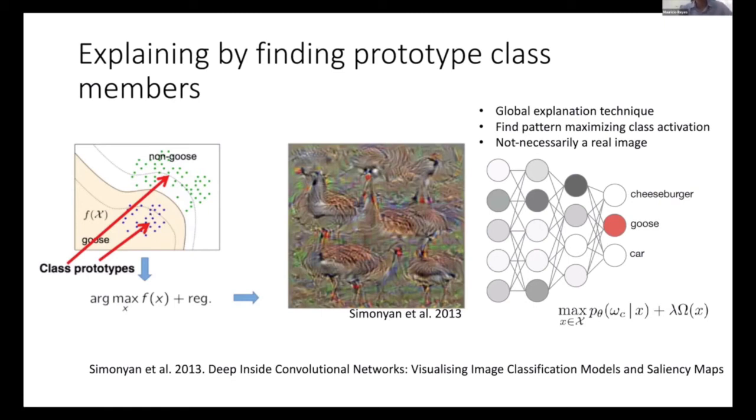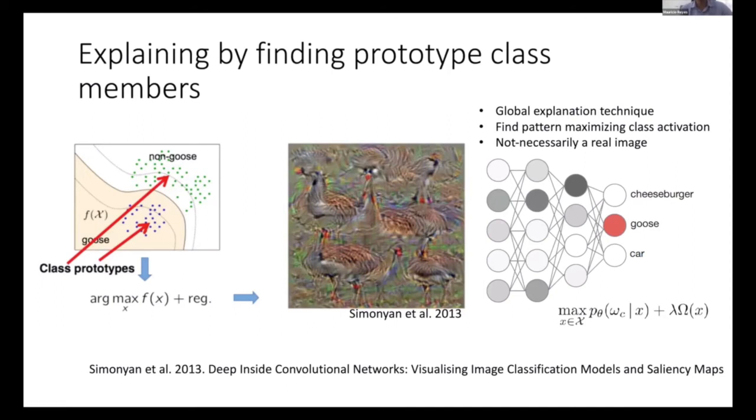I'm going to then create a system, let's say this is my neural network, that classifies that image into, let's say, a cheeseburger, a goose, or a car. And I'm going to create an image synthetically that maximizes the activation of this class goose. And I'm going to visualize that image. And this is the result of that maximization process.